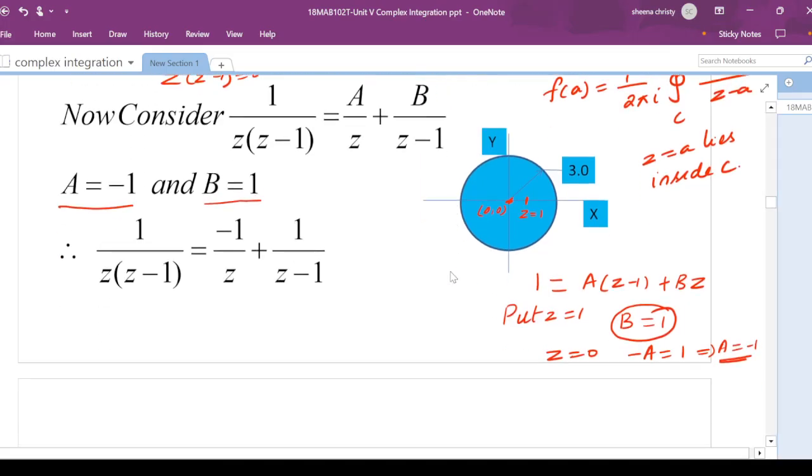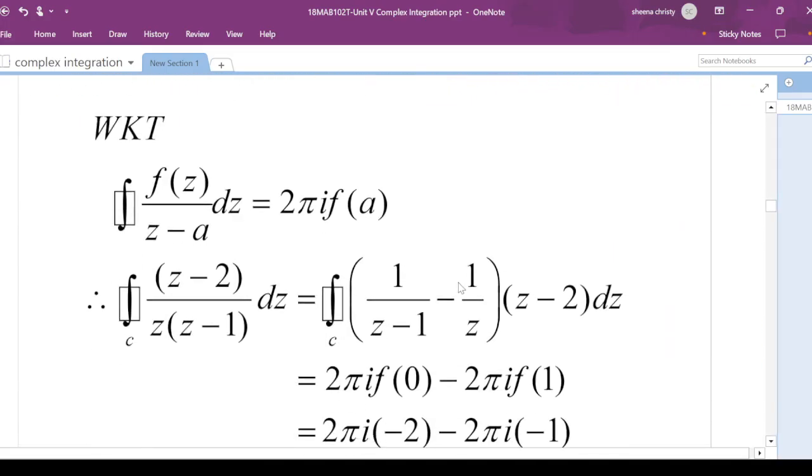Now, we are going to apply Cauchy's integral formula. So, the integral over the contour C of f of z by z minus a into dz equals 2 pi i into f of a, by Cauchy's integral formula.